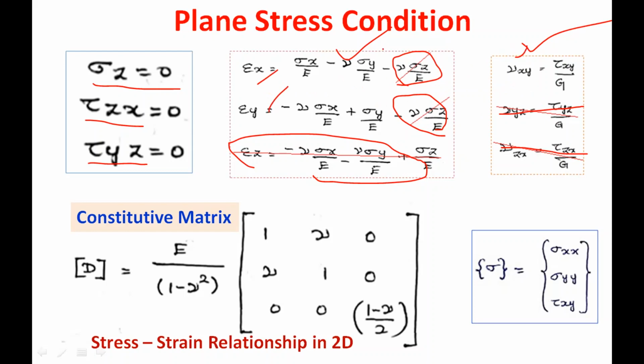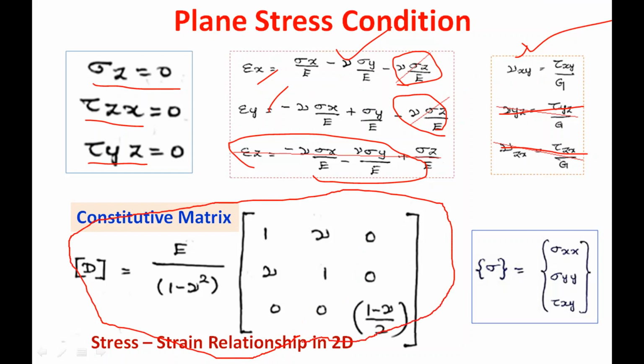Again we have to do the derivation. Finally we end up with the stress strain relationship matrix, or constitutive matrix, like this. For a plane stress condition, we can evaluate the three stresses sigma xx, sigma yy and tau xy.